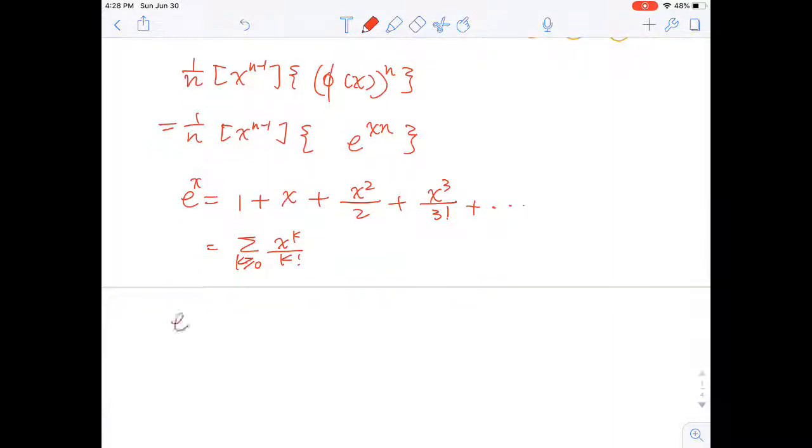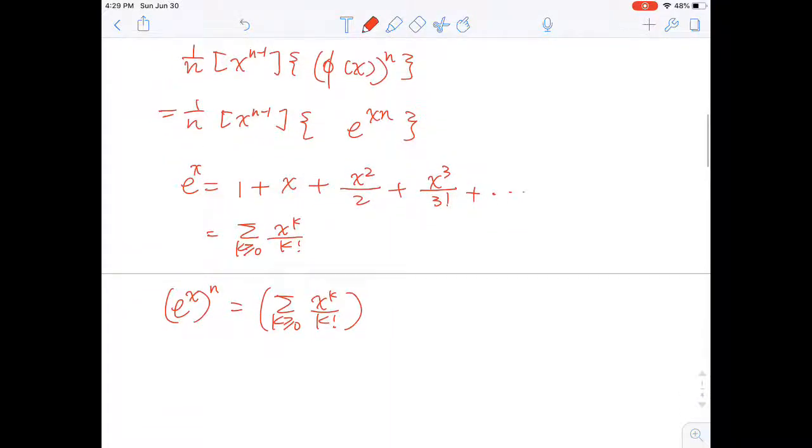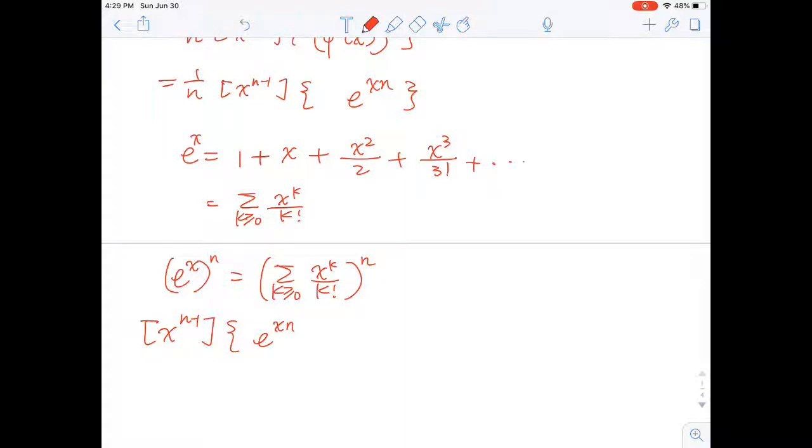So if we raise this summation to the power of n, we will have something like this. And if we are interested in finding the coefficient of x^(n-1) in this summation raised to a power, it actually has a combinatorial interpretation. So let me just write this out.